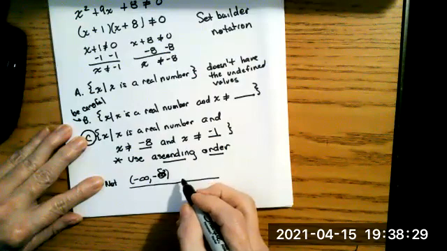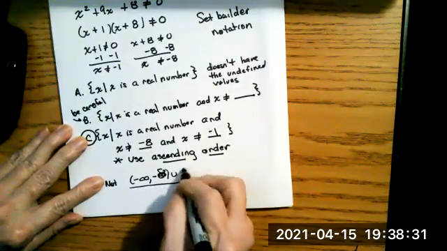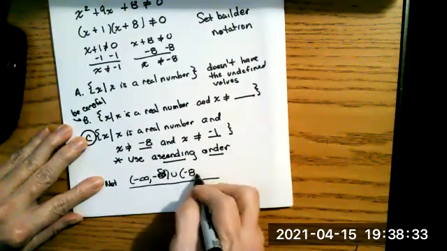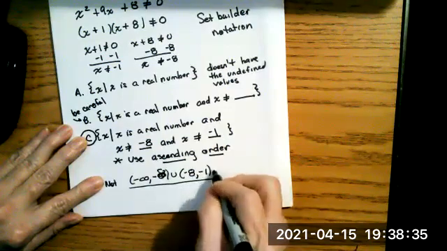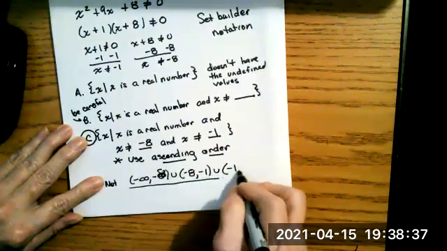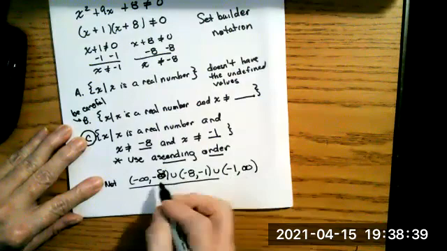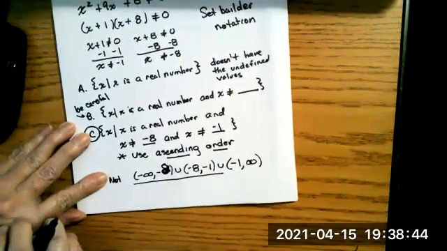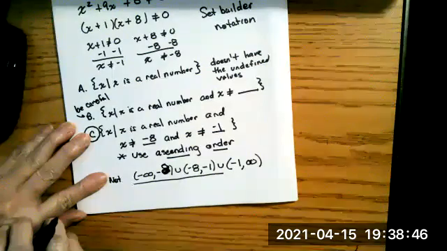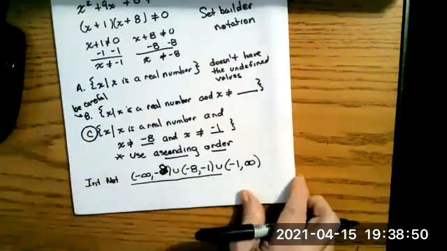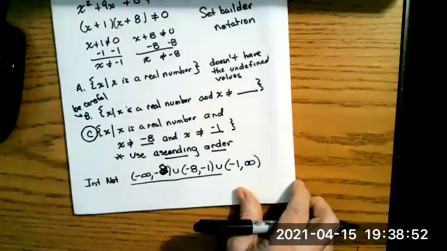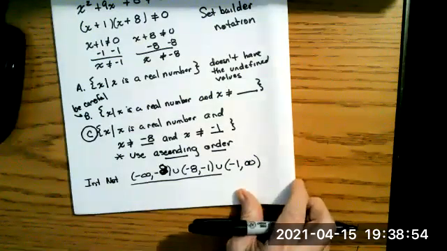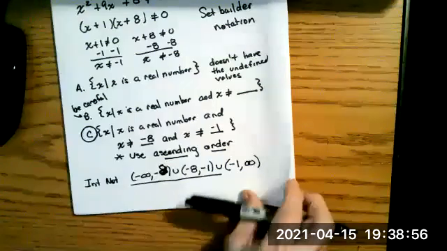And then we go from -8 to -1, and then we go from -1 to positive infinity. I think you can do the interval notation. Am I going too fast? Or are we okay? Okay.